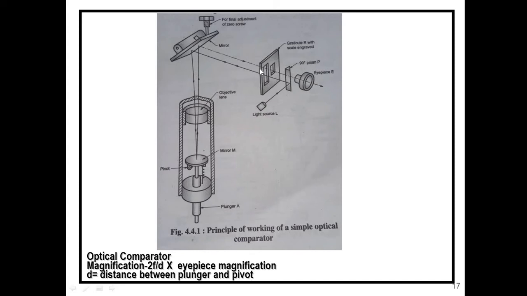Now a fixed reference line is provided in the same plane in which the image of the scale is formed. So whatever image is formed has been associated with a reference line, that is called an index. An index is provided so that we can measure any movement of the scale image with reference to the fixed line.